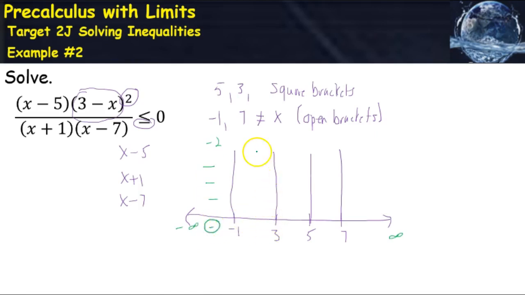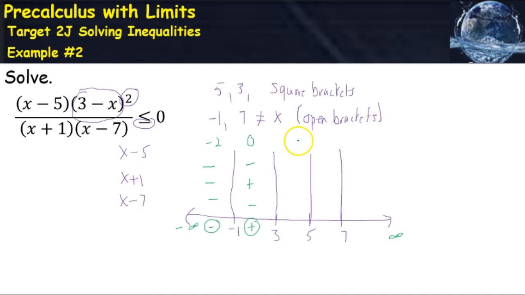So I pick something between -1 and 3, 0. And 0 minus 5 is negative. 0 plus 1 is positive, and 0 minus 7 is negative. And I have an even amount of negatives, so this is positive.